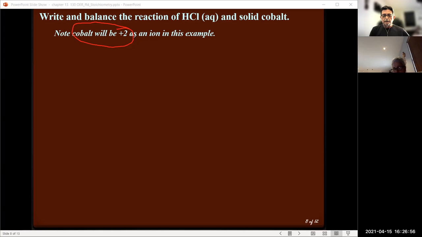That's a hint that might help us out, so keep that in mind. The cobalt's reacting, and when it does react, it's going to have a +2 charge.